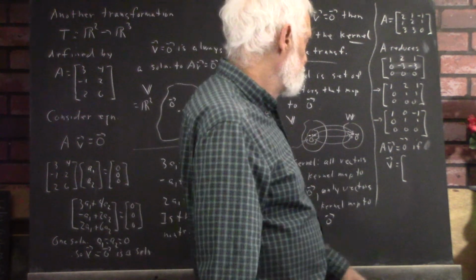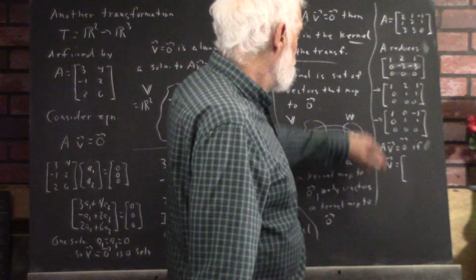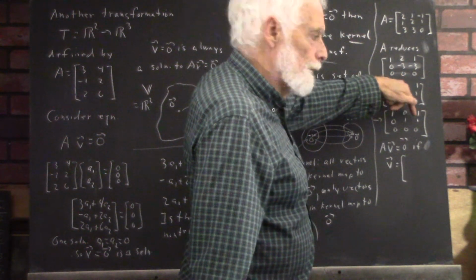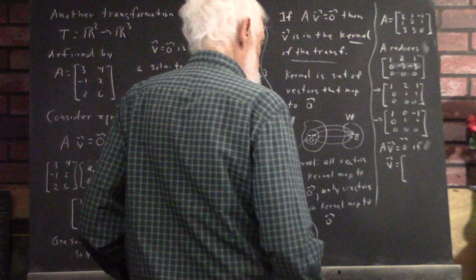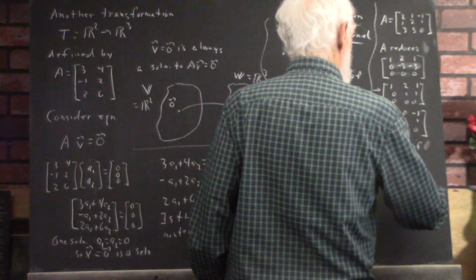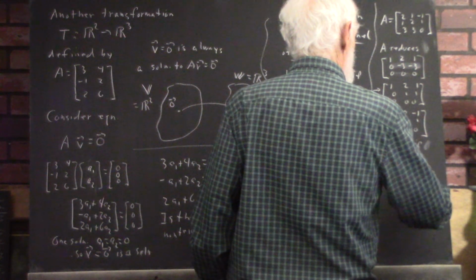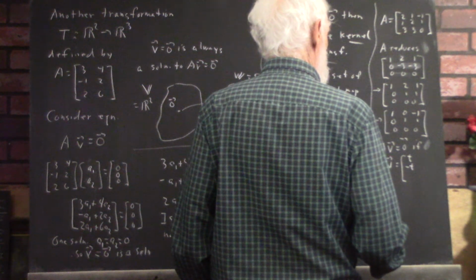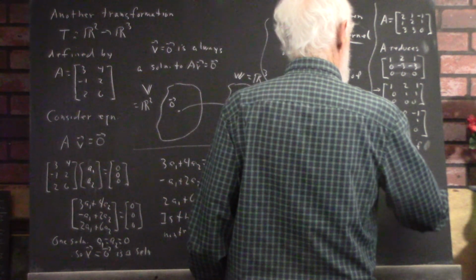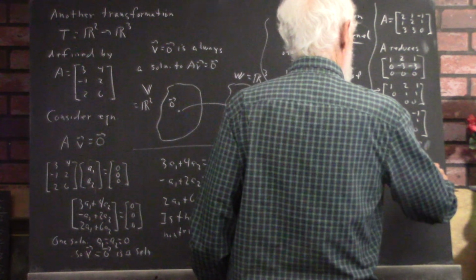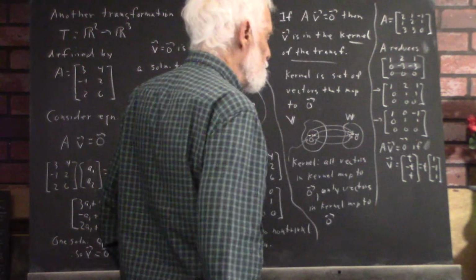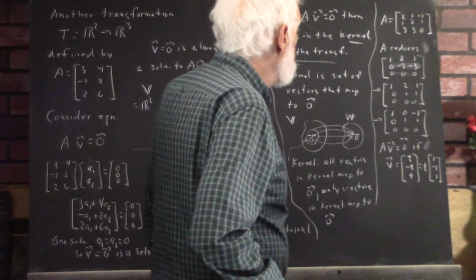If V is like X, Y, Z, then X has to equal Z and Y has to equal negative Z. So we could express V as T, negative T, T, which is T times 1, negative 1, 1.